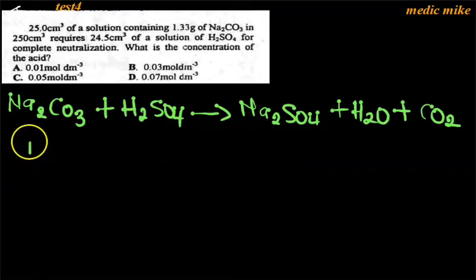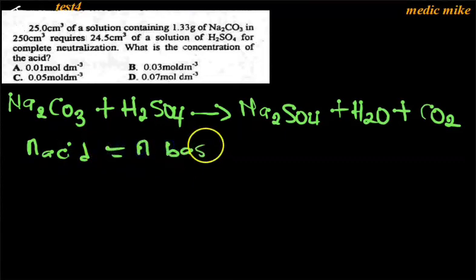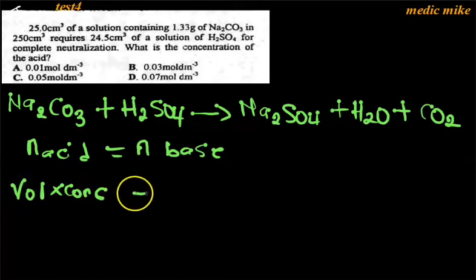So this is the mole of acid equals the mole of base. So we can say that volume of acid times concentration of acid is equal to volume of base times concentration of base.